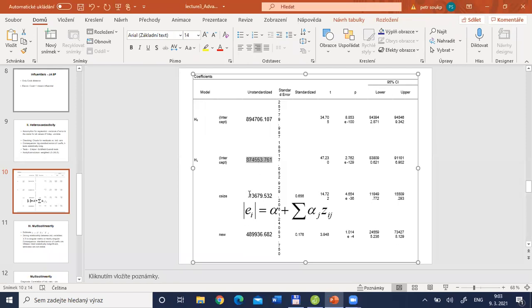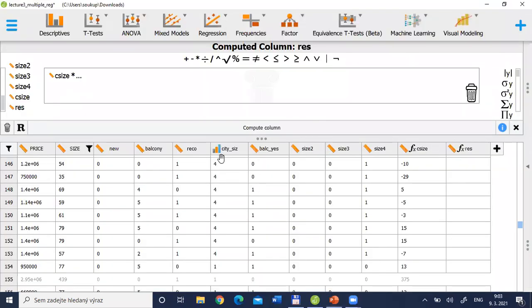So these are the coefficients for C size. Then I would like to add... it's not working, sorry for that. I don't know why it is so, as I'm not usually implementing these formulas in JASP. So I will try to prepare a special video for this, sorry for that.